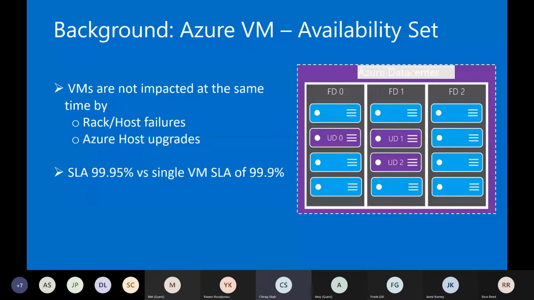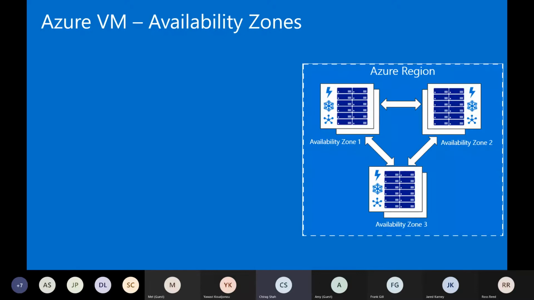So they have different network cables, different power supplies, so that when underlying hosts get upgraded or maintenance work is done on the hardware, not all the virtual machines that participate in the availability set have the work done at the same time. Meaning if a patch or firmware is being applied, we don't apply it at the same time. So you have extra resiliency, so they remain available. And that's why they maintain the SLAs and so forth. So availability set is one area that you want to have.